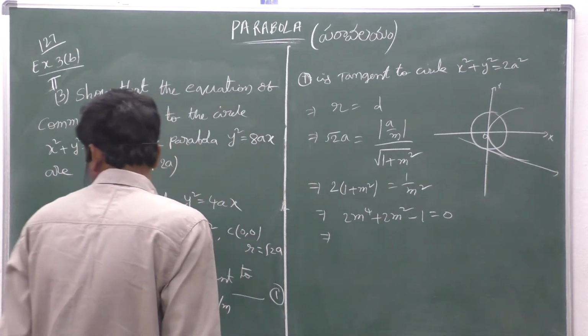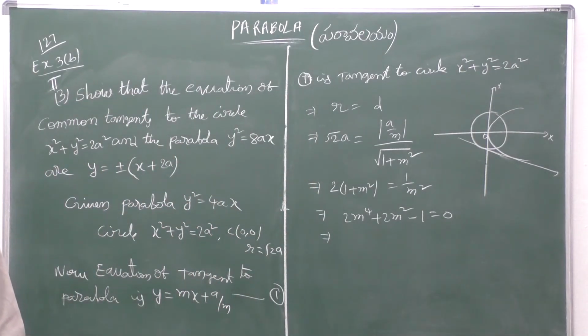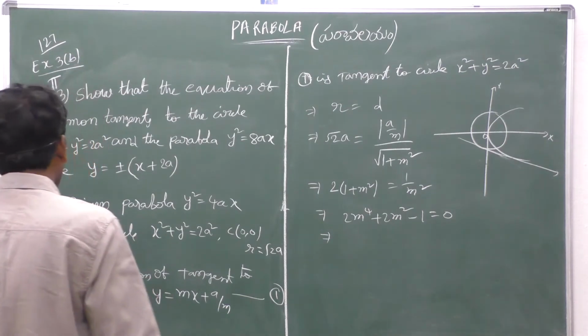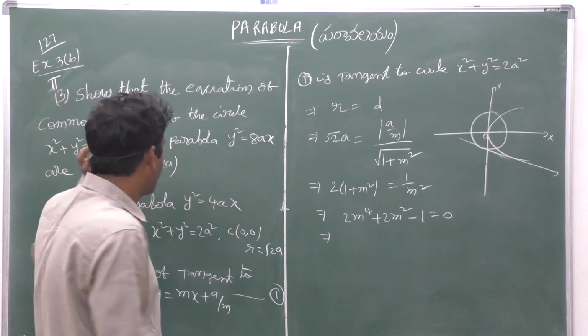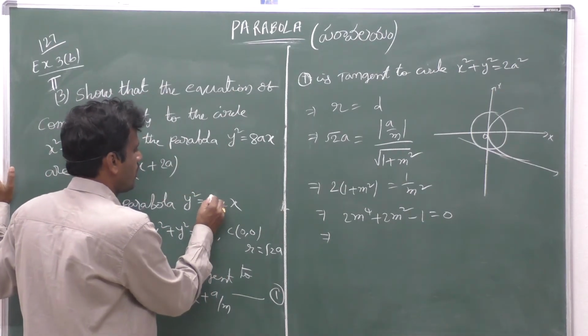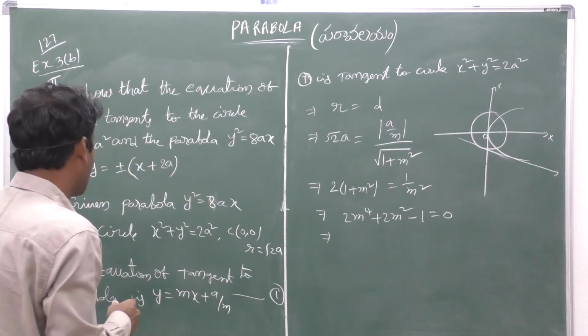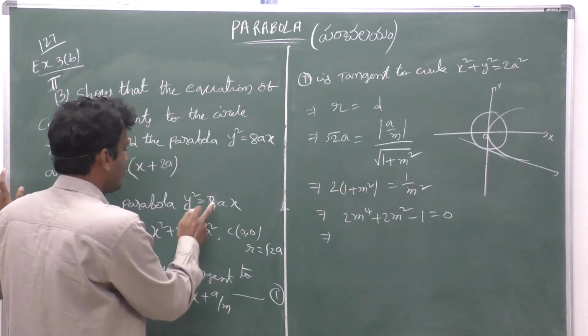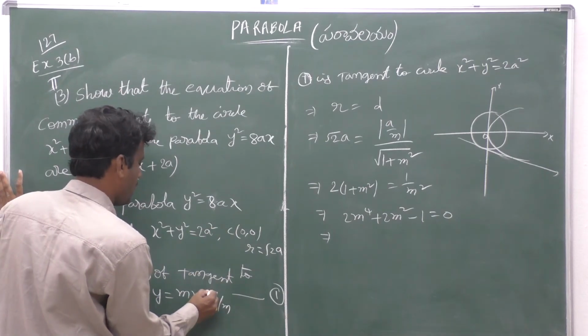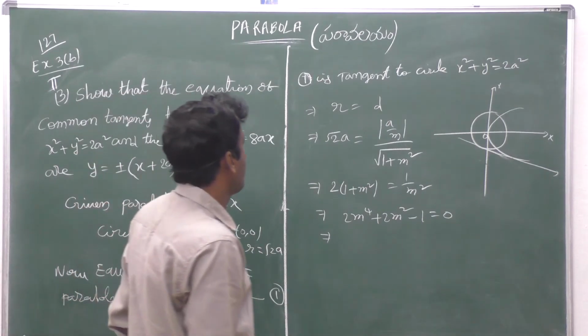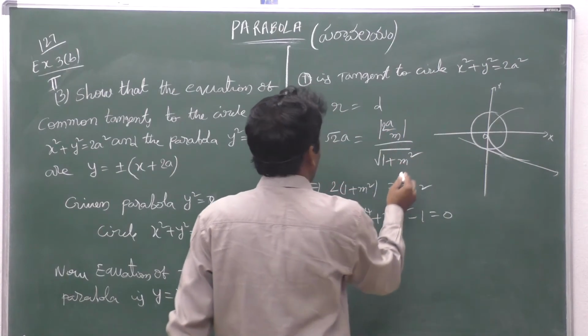Okay, here the m value. Parabola is y square equal to 8ax. That implies a means 2a, so c equal to 2a by m. Mod c equal to 2a by m.